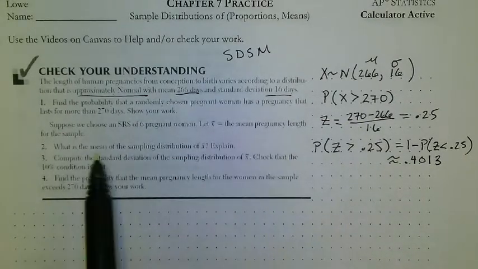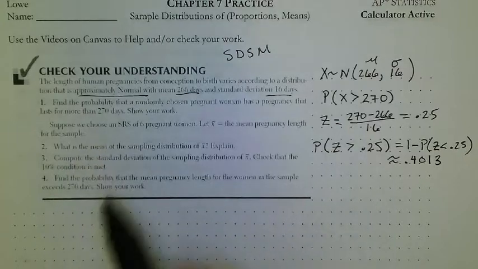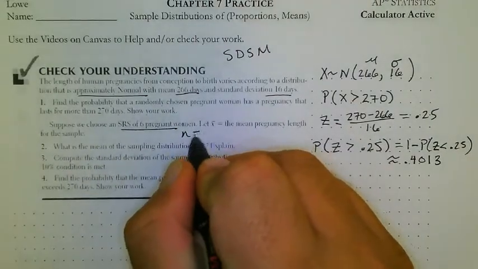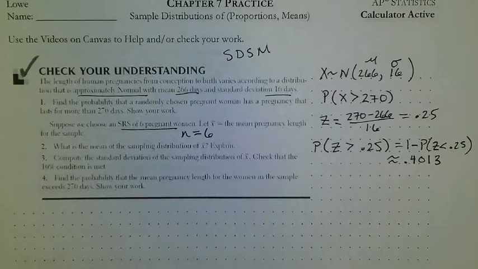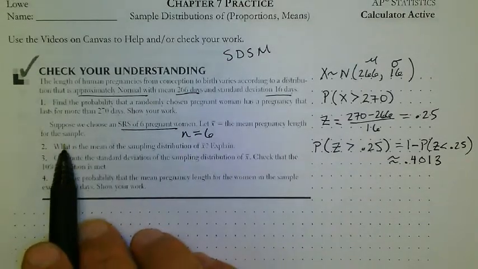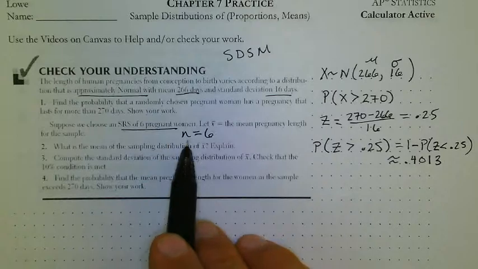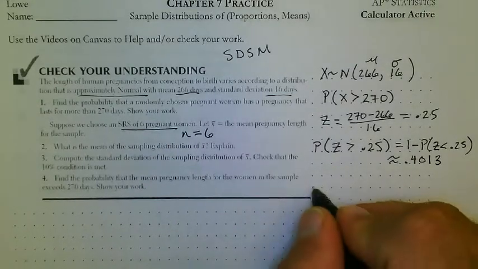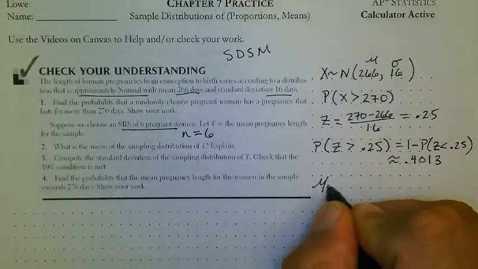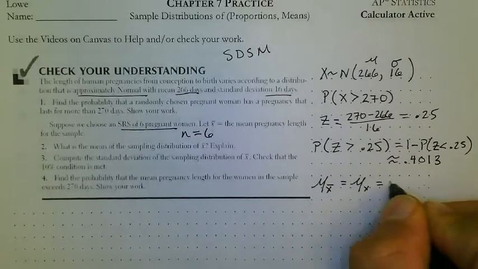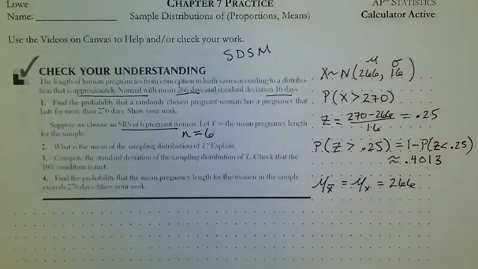Now, suppose that we took a simple random sample of 6 pregnant women. So that would be n equals 6. Let x bar represent the mean pregnancy for the sample. What's the mean of the distribution? Well, mu of x bar is simply mu of x, which is 266.